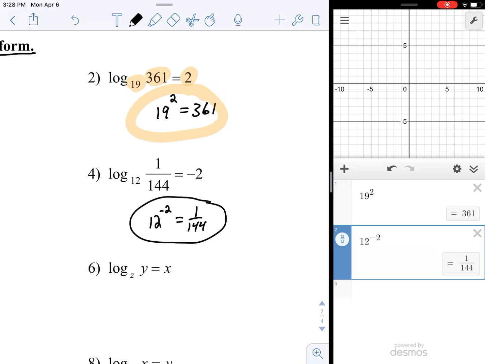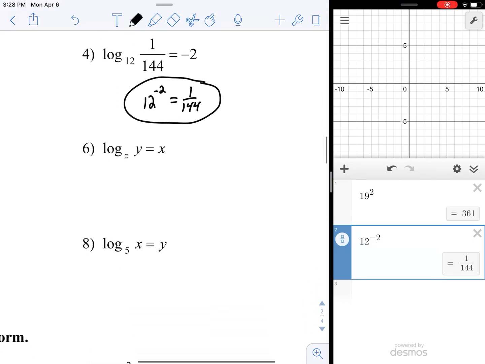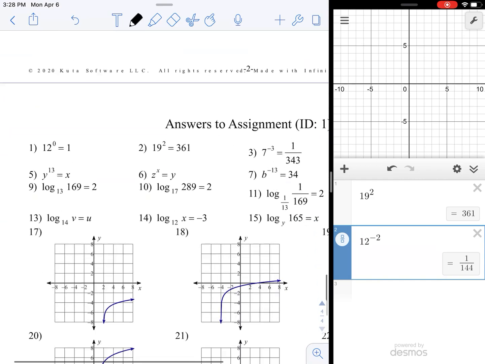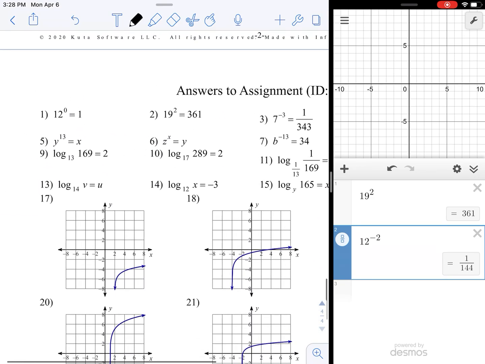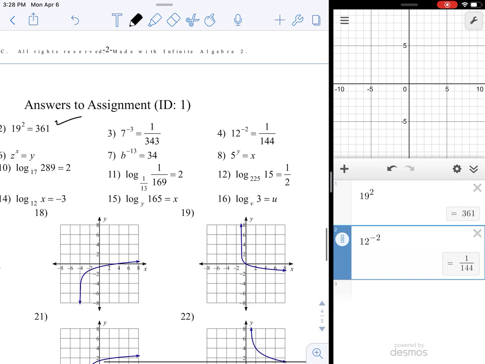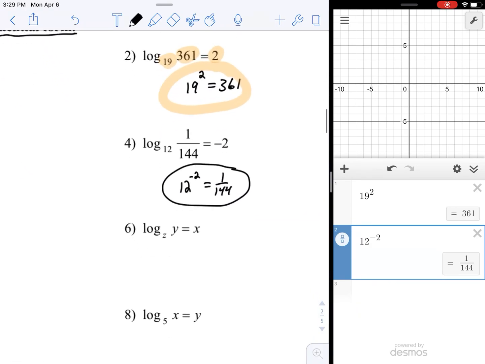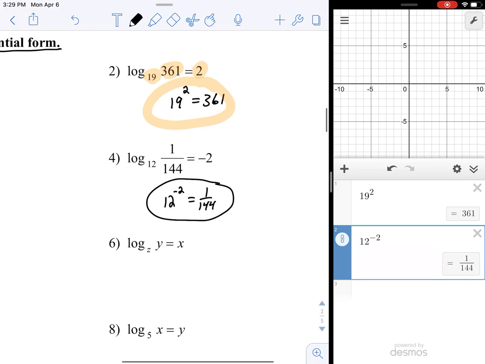Now, checking yourself that way only works so long. When you get variables into it, you can't really use the calculator to make sure you're right. Of course, obviously, you are going to check yourself way down here, and so you see that answer and that answer. But the calculator really doesn't help much on these exercises.